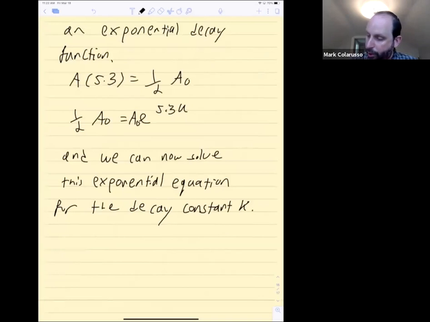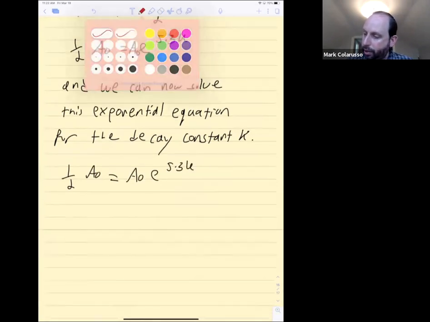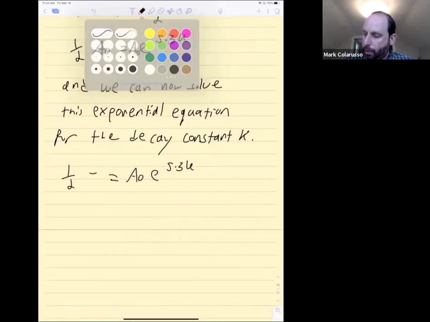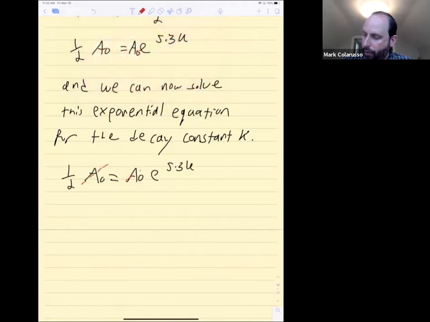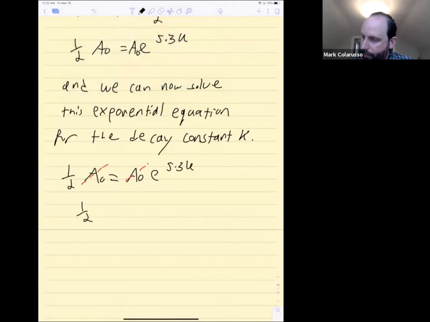Okay, so that's pretty easy. Let's see what we get. If we have 1/2 A0 equals A0 e to the 5.3K, you can cancel off the A0s, the initial amounts, and you get 1/2 equals e to the 5.3K.